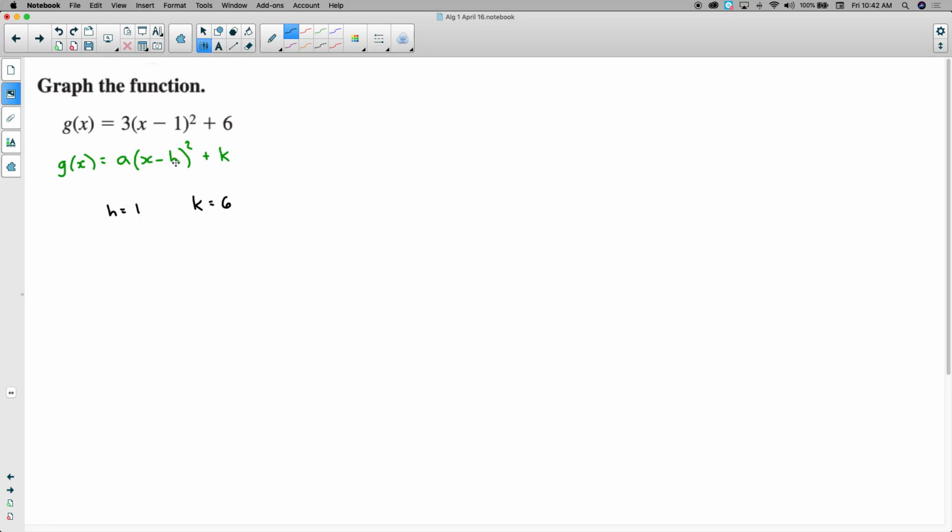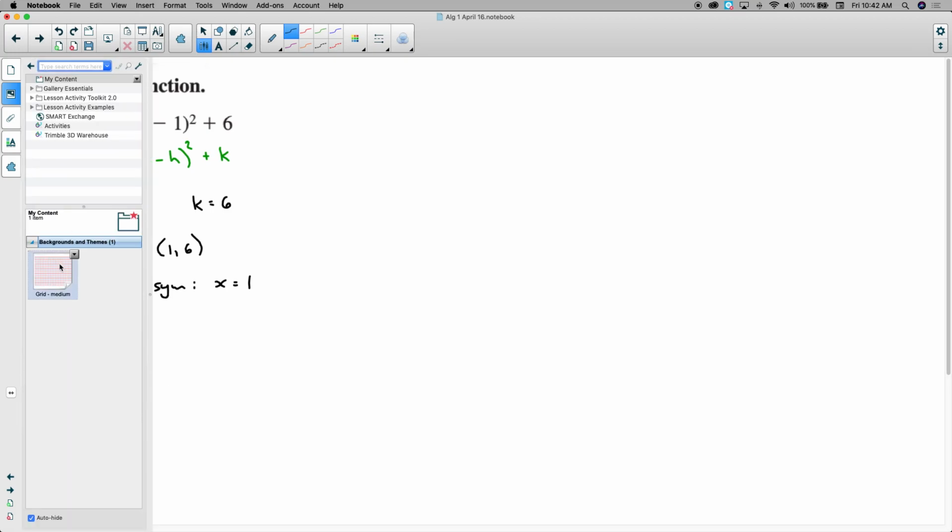H is the thing that's being subtracted. 1 is being subtracted. All right, so, ooh, sweet. We already know where the vertex is. It's at 1, 6. I already know the axis of symmetry is the vertical line at the vertex's x coordinate. And let's see what's up. Okay, so build a graph.